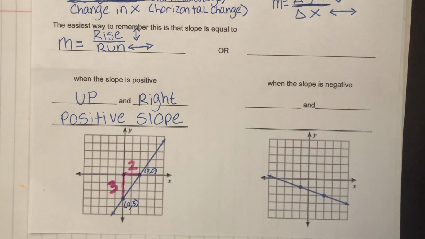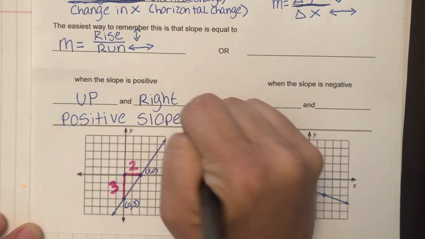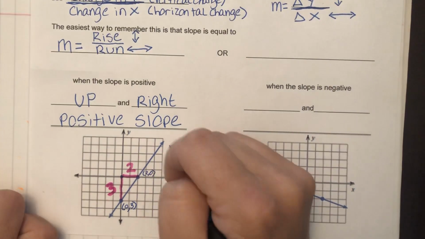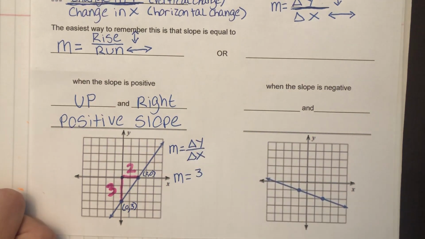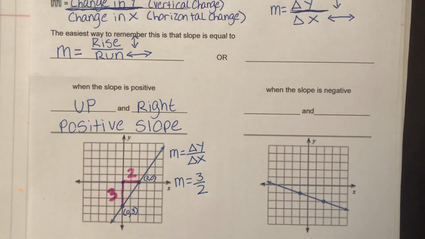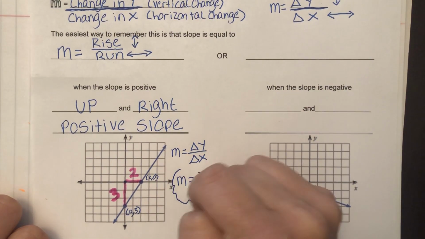And to write this, you always do the change in y, your vertical change, over the change in x, your horizontal change. The change in our y values, we went up 3 units. The change in our x values, we went over 2 units. So the slope of this line is 3 over 2.